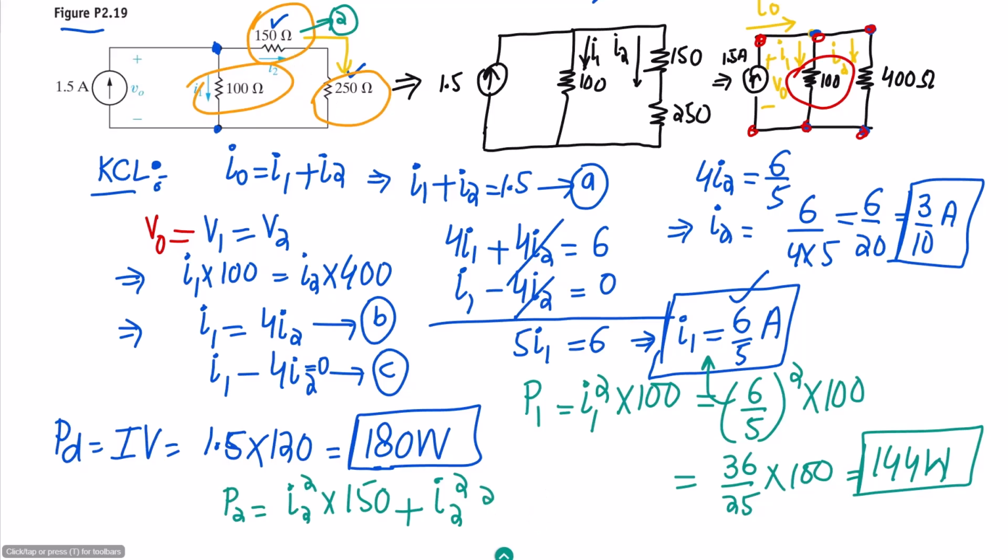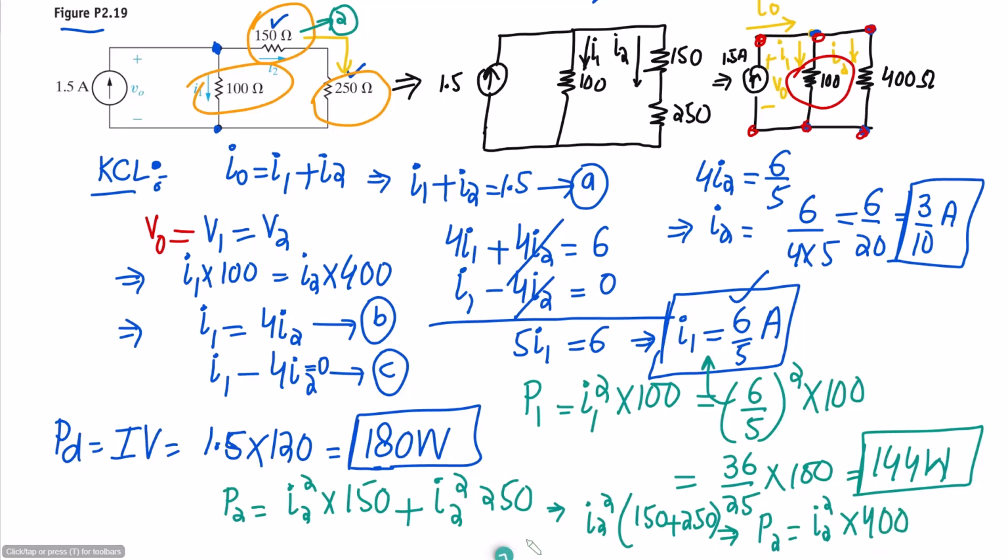So it will be 250. Let me take this one out, so I2 square multiplied by 150 plus 250. So from here we will get P2 is equal to I2 square into 400.